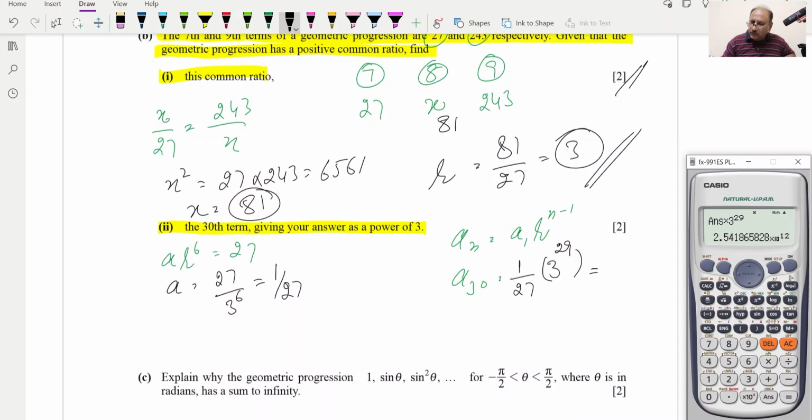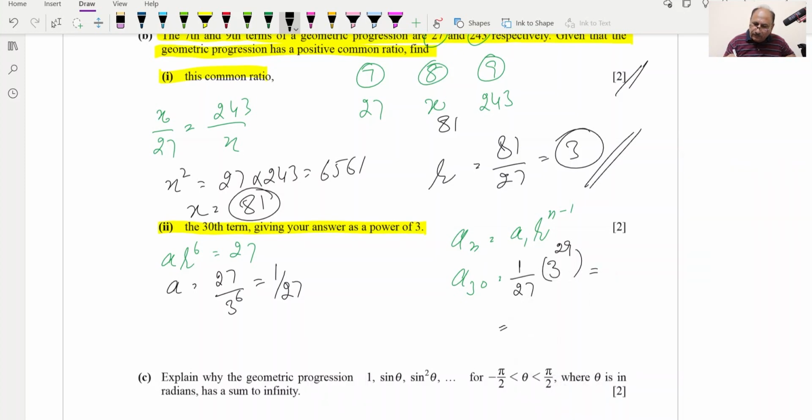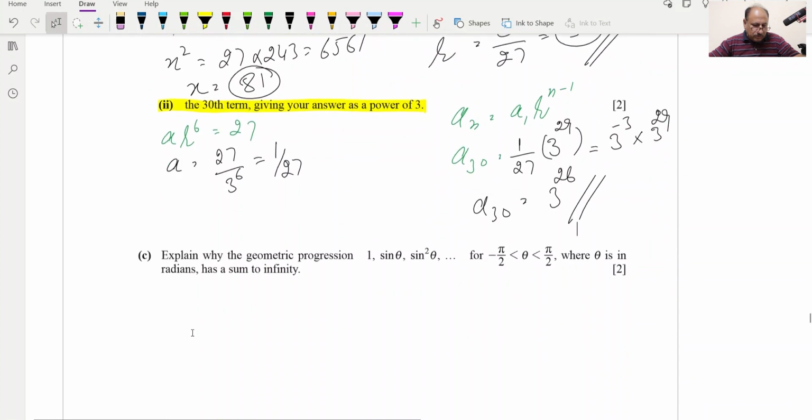We can write 27 as 3 raised to minus 3, into 3 raised to 29. So a30 will be equal to 3 raised to 29 minus 3, which is 26, and this will be our final answer. Hopefully you understood this.